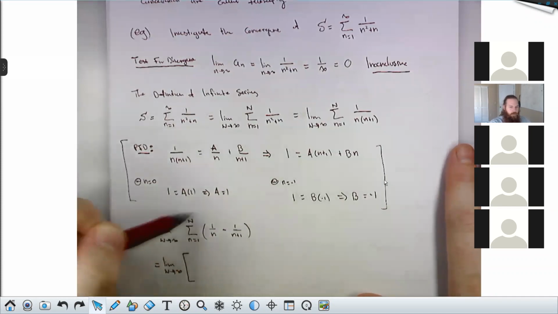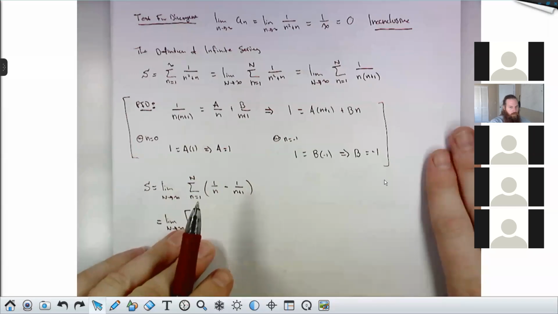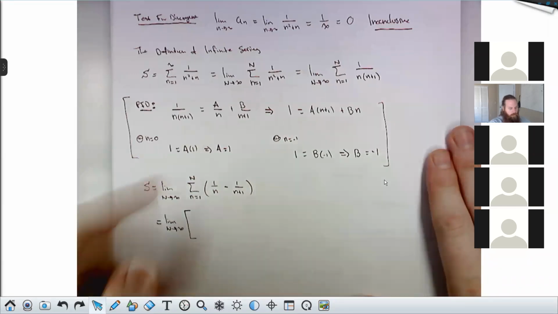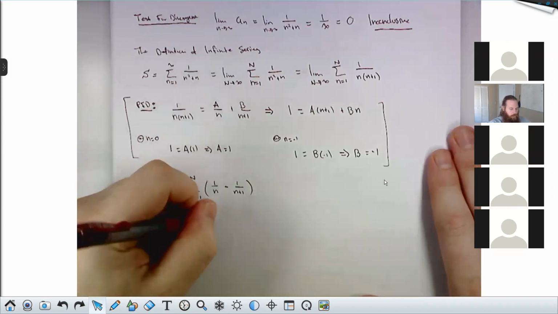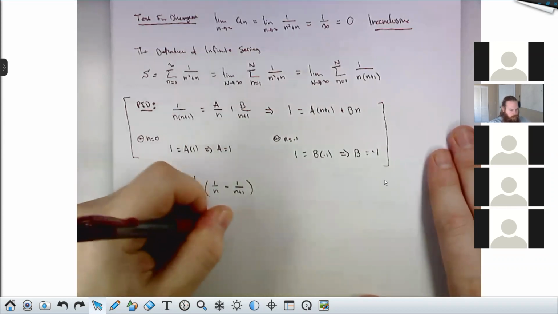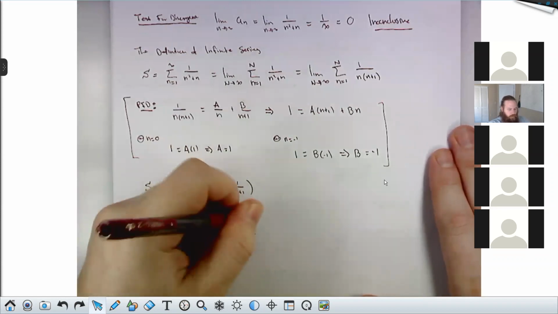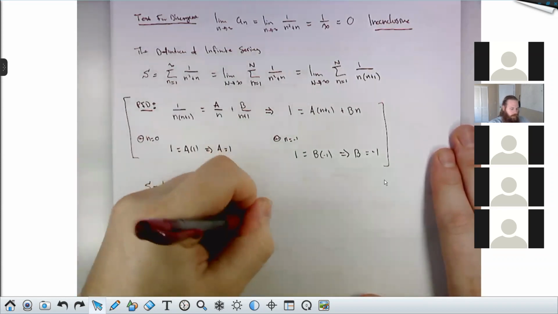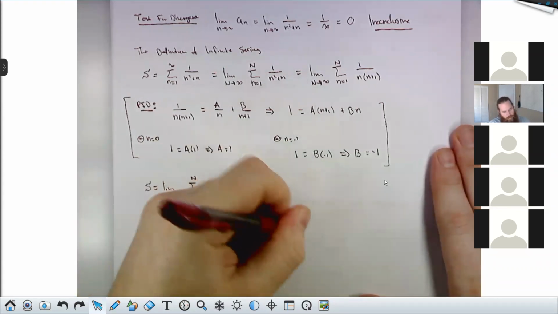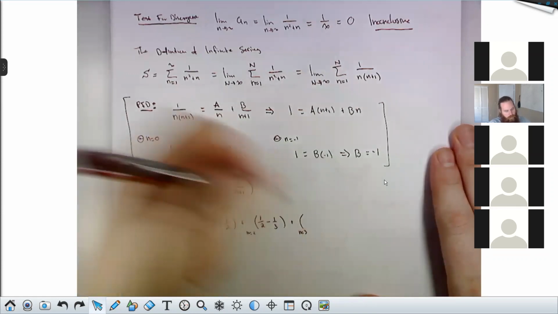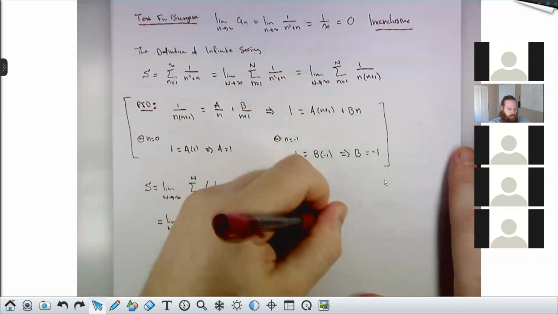I'm going to write out this finite sum. It has capital N terms. When little n is equal to 1, the first term is 1 over 1 minus 1 over 2, plus. When little n is equal to 2, the second term is 1/2 minus 1/3, plus. When little n is equal to 3, I have 1/3 minus 1/4, plus blah, blah, blah.